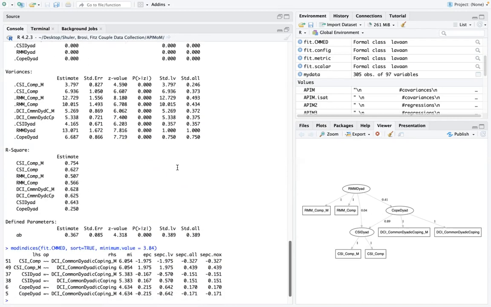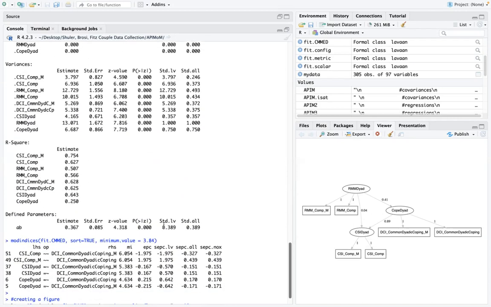And so the last thing we will take a look at is our defined parameters down at the bottom. Here we see that our unstandardized estimate, our standard error, our z-value all tell us that we have a significant indirect effect. So multiplying that A path times that B path results in an indirect effect or a compound path that is significantly different from zero. And the p-value is less than 0.001.